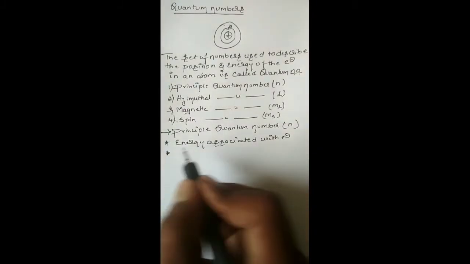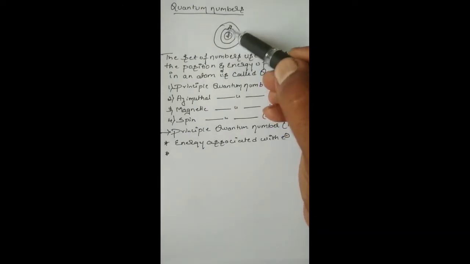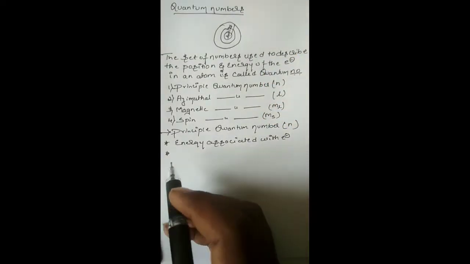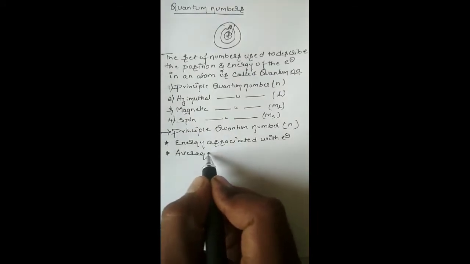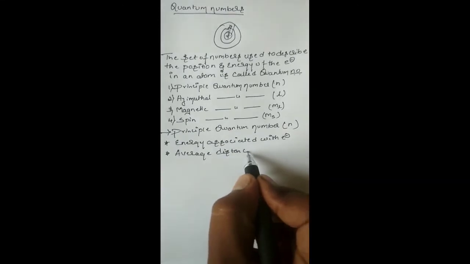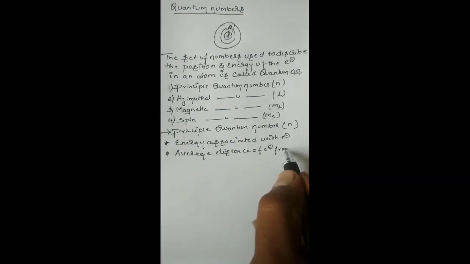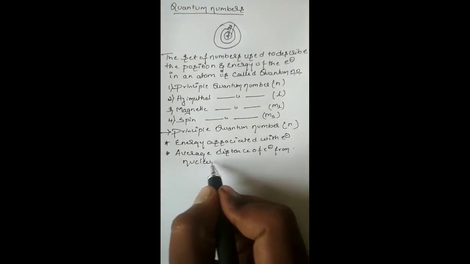Next, the second point: it also explains the average distance of the electron from the nucleus.